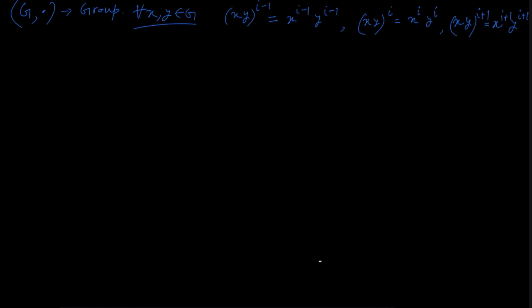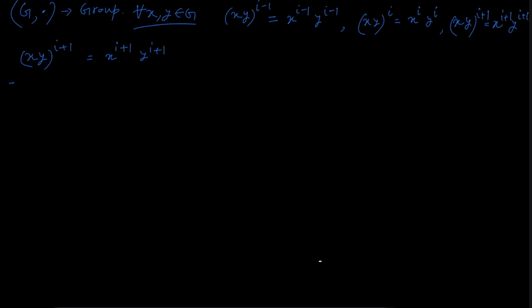Okay, so for i+1 the property holds. So what we can write: (xy)^(i+1) = x^(i+1) y^(i+1). So we are starting with this.